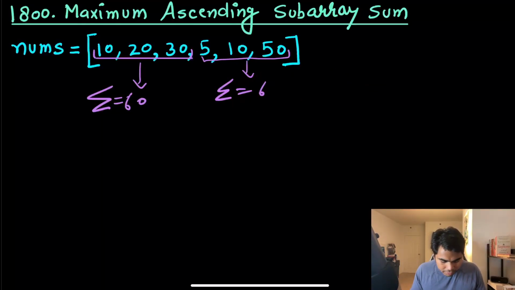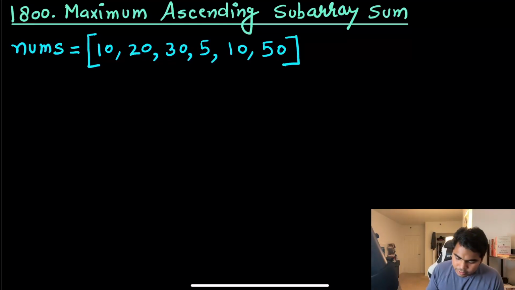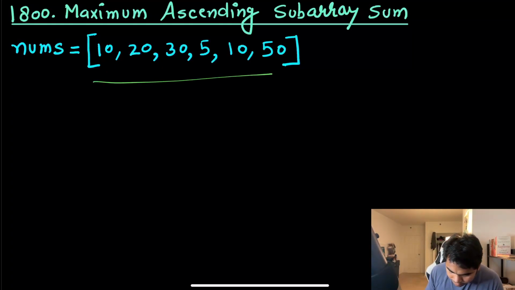We'll basically initialize the longest increasing subarray sum with the first number. We'll use a for loop and go from left to right, starting with the 0th index.